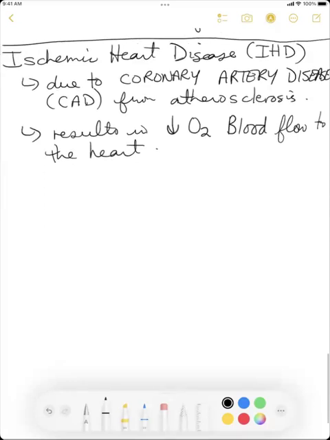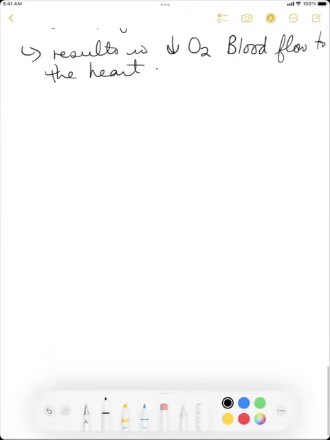There are several types of ischemic heart disease. This is an umbrella term. There is a type of ischemic heart disease that they call chronic. This is going on for a long time. And the specific type that we're going to talk about in the chronic ischemic heart disease is something called stable angina.